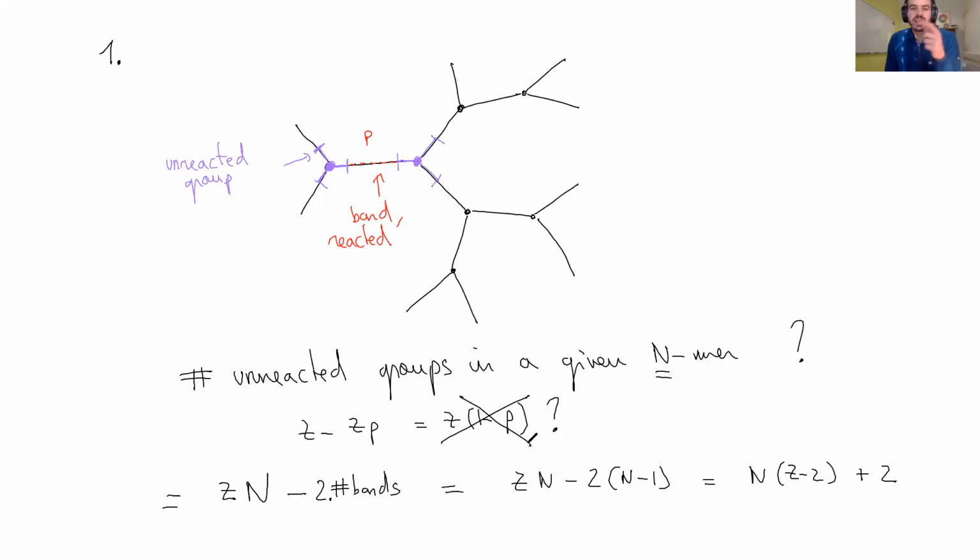Because we were neglecting the fact that bonds belong to 2 monomers, and that unreacted group is not the same as unreacted link, because the link, again, is between 2 monomers, so it's shared. So we should be careful with this double counting. And also in your proposal here, more importantly, there is no n dependency.